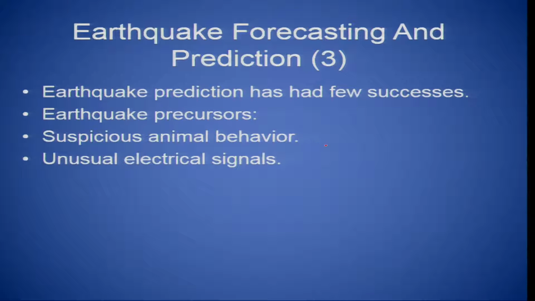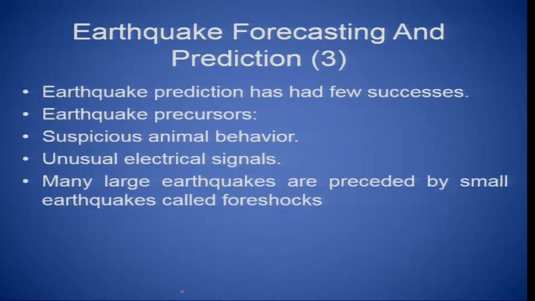Maybe you can pick up this unusual behavior of the animals just before the earthquake. And then people have been talking about unusual electrical signals, because of course we are engulfed with electromagnetic energy and there will definitely be a change in that.